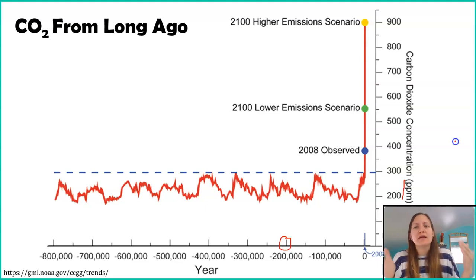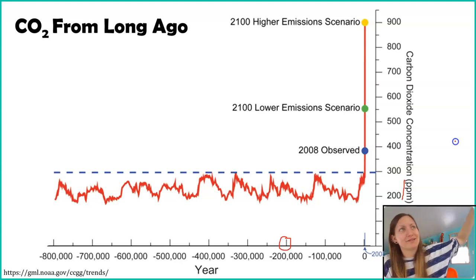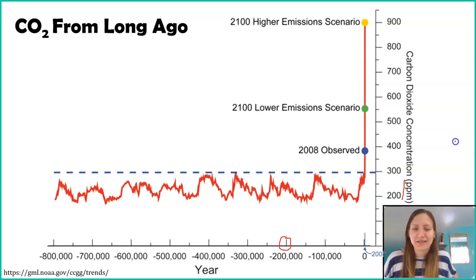If I have 1,000,000 molecules, then 200 of those molecules are carbon dioxide, or 300 molecules are carbon dioxide. So when we say ppm, it's how many molecules of whatever, in this case carbon dioxide, per 1 million particles it's mixed in. We think of carbon dioxide as mixed in air, right? It's mixed in nitrogen and oxygen and stuff like that.